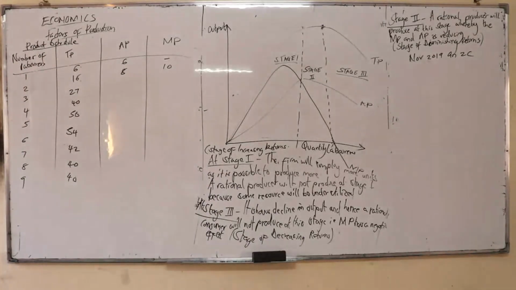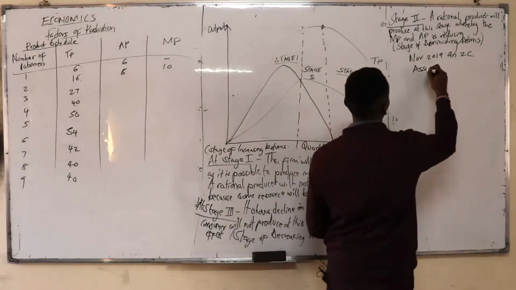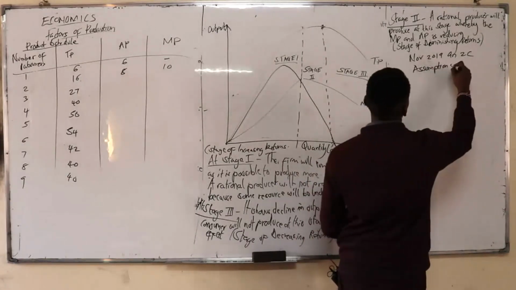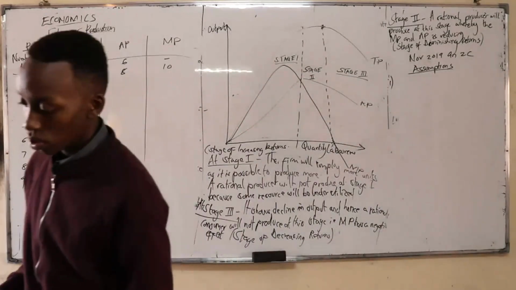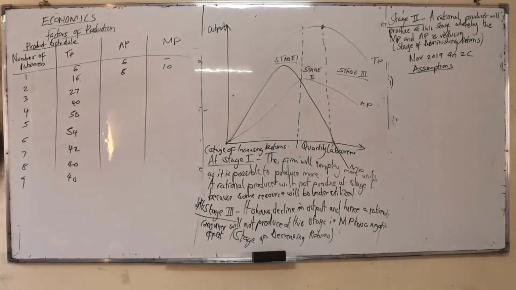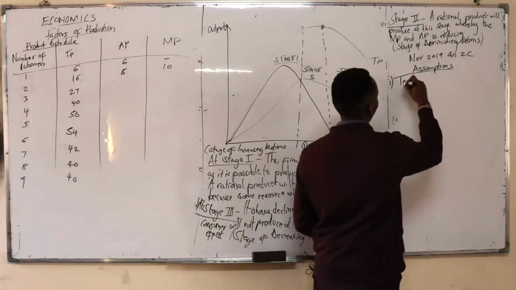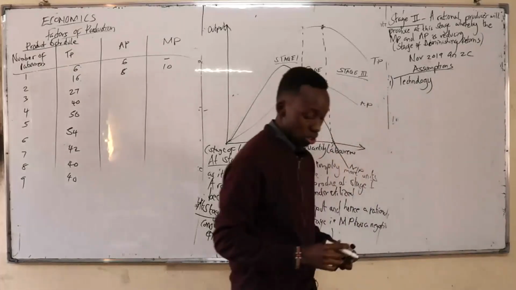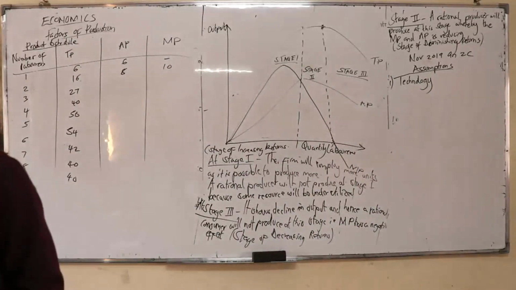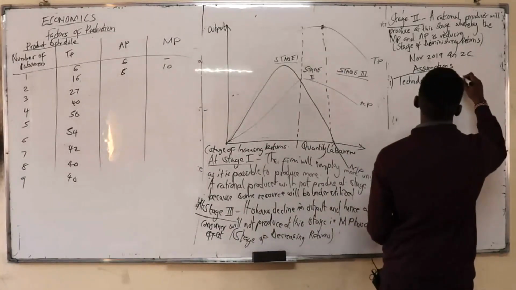So the assumptions of this law of variable proportions. One, you can even have this one also, that technology is assumed to be constant. Technology remains constant.